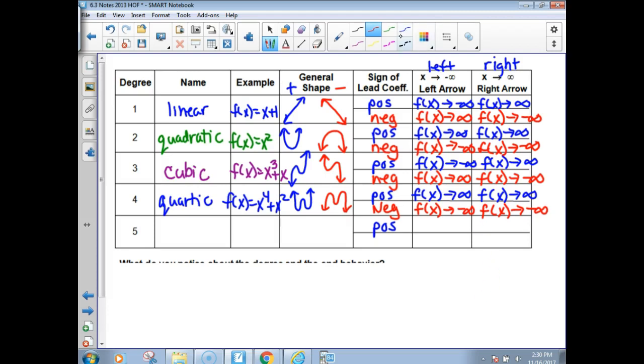And finally, the quintic. And then we'll generalize. Quintic, f of x equals x to the fifth plus x cubed. I just made it up. It can be anything, as long as it's got a highest power of 5. And so it's probably going to do something like which one?